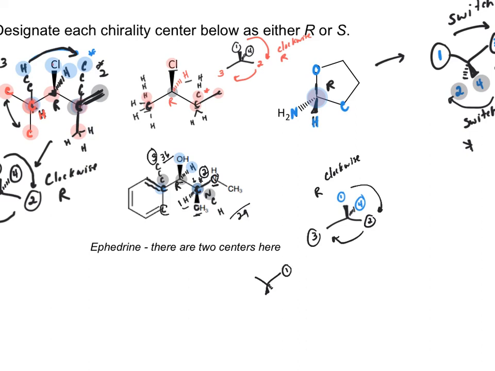The hydrogen is going to get number 4. Now we have a carbon that's attached to hydrogen, hydrogen, hydrogen, or a carbon that's attached to an oxygen, carbon, hydrogen. So oxygen is going to beat hydrogen any day of the week. This guy's going to be 2. This carbon is 2. This carbon is 3.